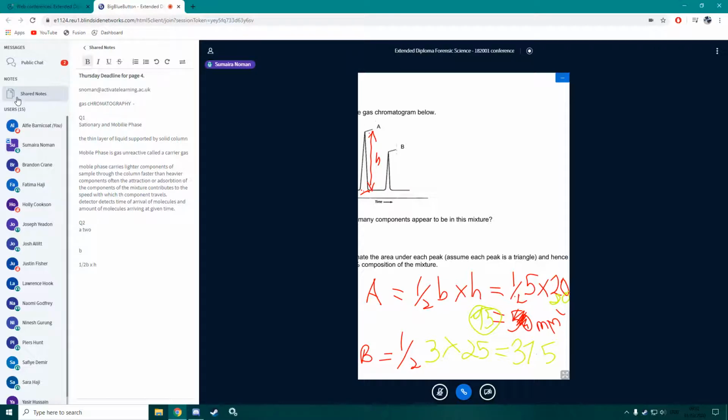Right, so for A, a half base times height equals half of 5 times 8. Okay, if you measured it as 37, that's fine.